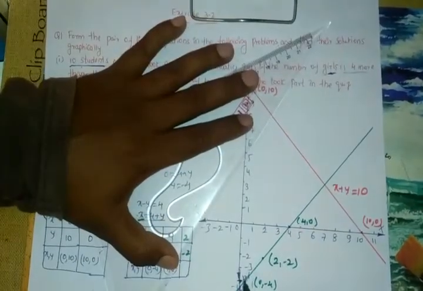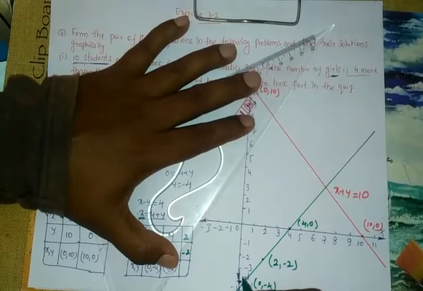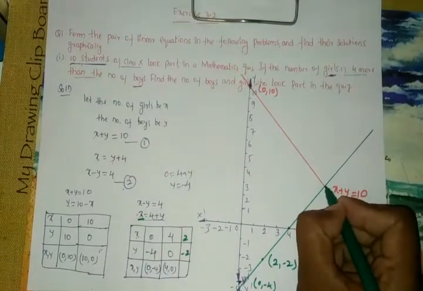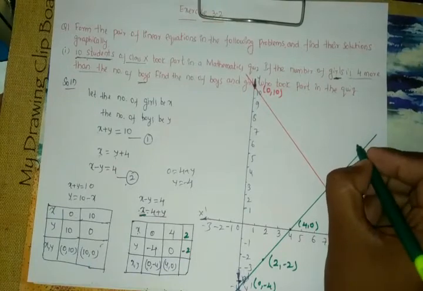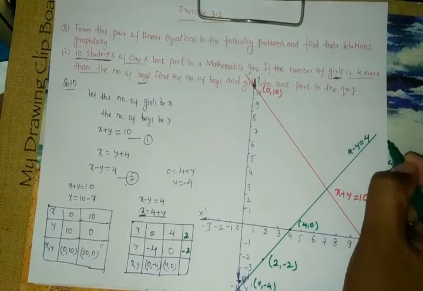These 2 points are the correct ones. This one I have randomly taken; it should be with a 1 interval. So let me write this line as x minus y equals 4.